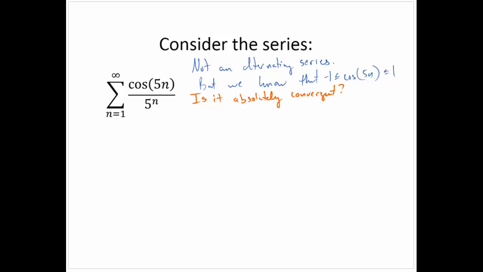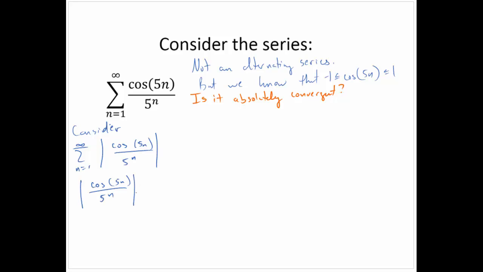Let's check. So let's now consider the series sigma n equals 1 to infinity of the absolute value of cosine of 5n over 5 to the n.